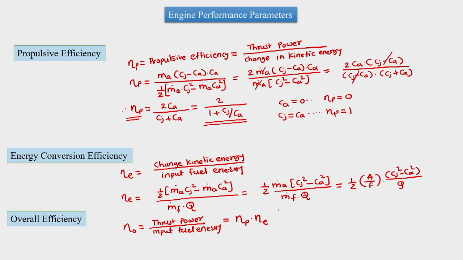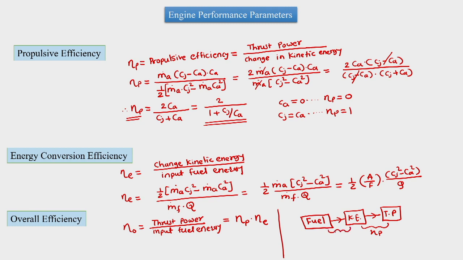So in all, we are seeing that there is fuel which has chemical energy in it, and this fuel's chemical energy is used to convert the kinetic energy of the air, and this kinetic energy gives thrust power. So there is an efficiency which is between thrust power and kinetic energy, and that we are calling propulsive efficiency.